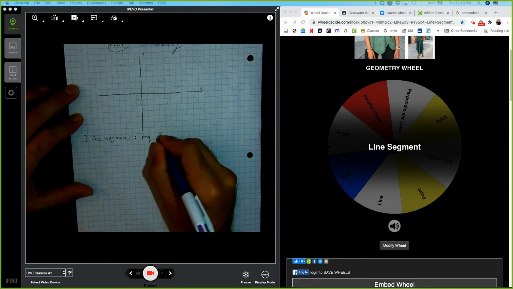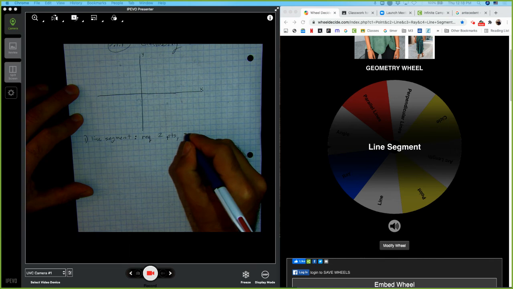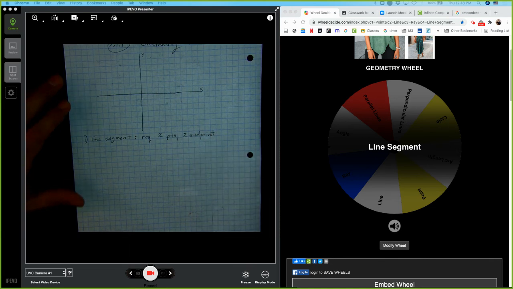requires 2 points and 2 endpoints, okay? It's not like if you shot a laser out into space where it wouldn't really hit any molecules and would go forever. That'd be like a ray. A line goes in both directions, like 2 lasers going in both directions.